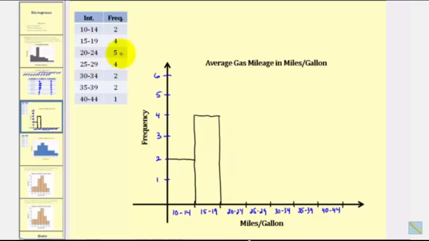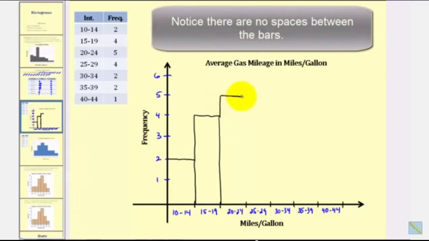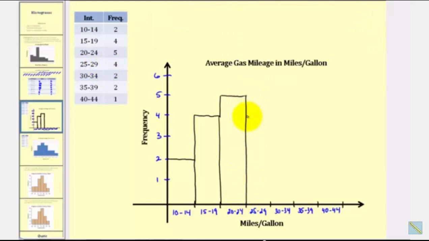The next interval has a frequency of 5, so we make a bar of height 5. The next frequency is 4. The next 2 frequencies are 2.